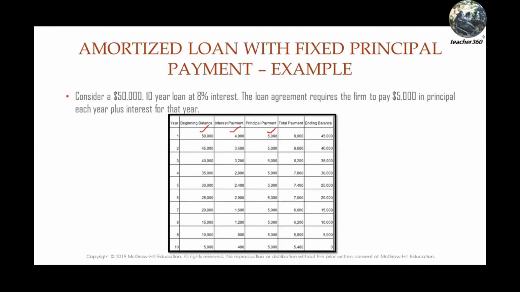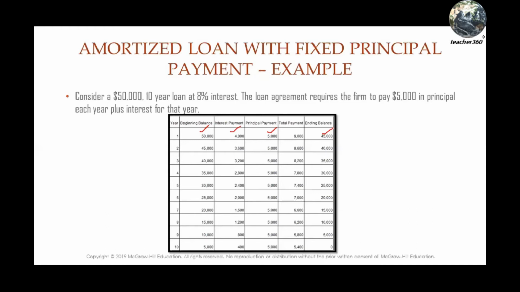So this is your agreed 5,000 principal for each year. So your total payment in the first year is $9,000. So your ending balance after deducting 5,000 principal is $45,000.